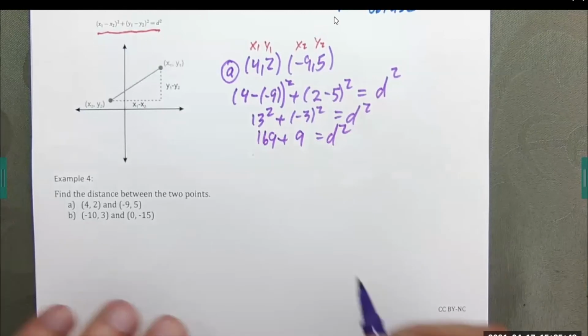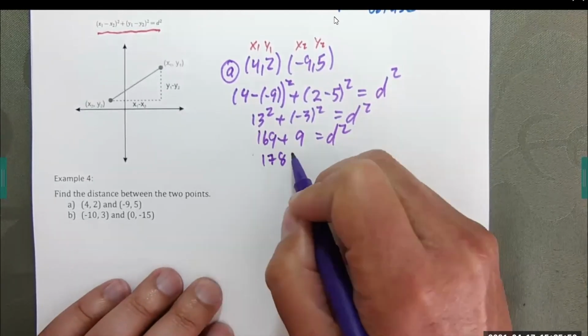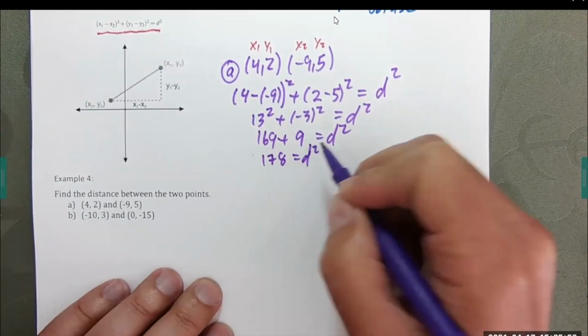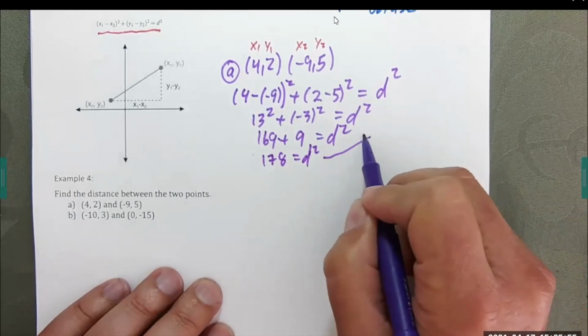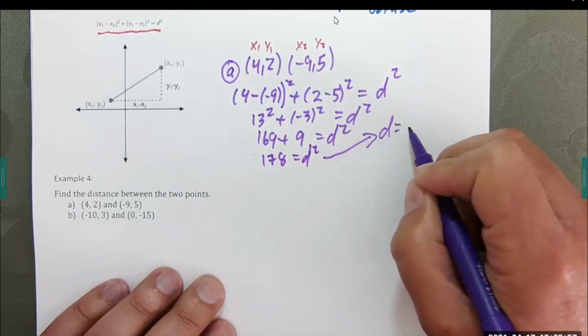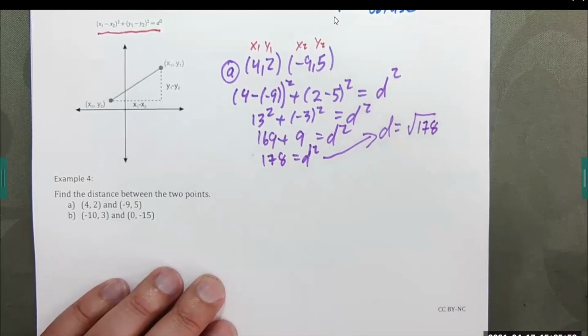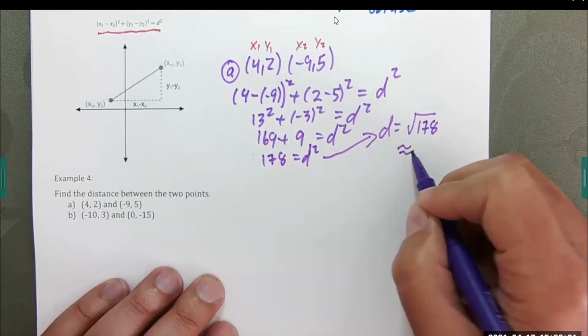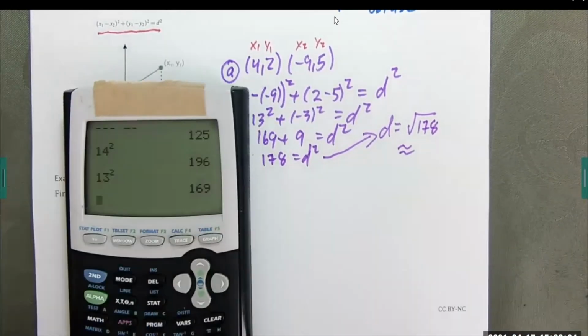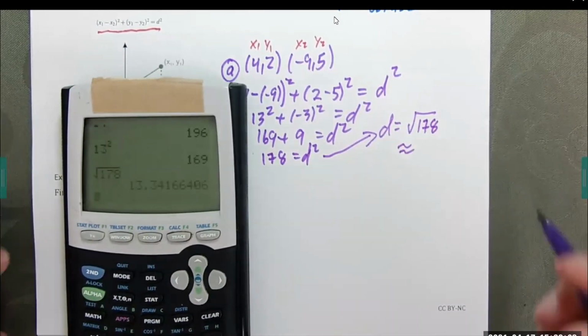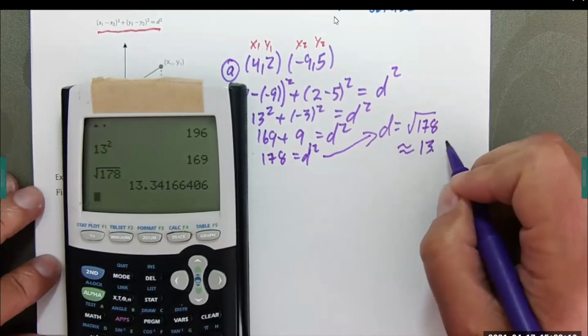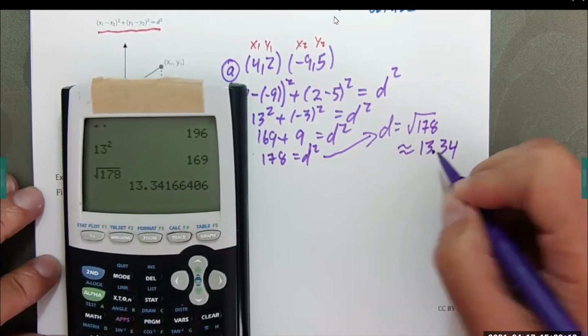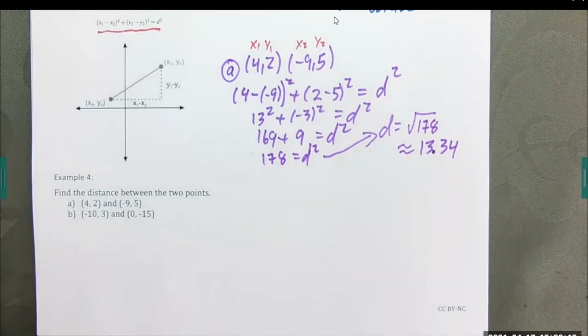And that gives us 178 is d squared, which means d in this case is the square root of 178, which is about 13.34. Part A. Let's go and do part B.